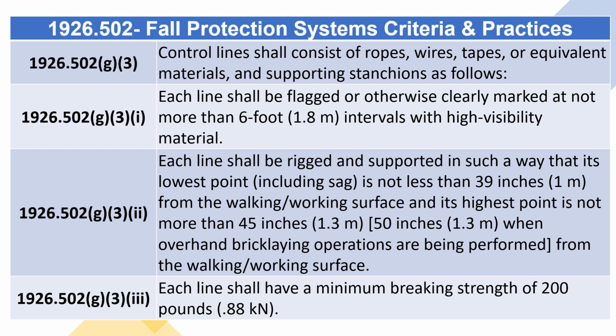Each line shall be rigged and supported in such a way that its lowest point, including sag, is not less than 39 inches (1 meter) from the walking/working surface, and its highest point is not more than 45 inches (1.3 meters), or 50 inches (1.3 meters) when overhand bricklaying operations are being performed from the walking/working surface. Each line shall have a minimum breaking strength of 200 pounds (0.88 kN).